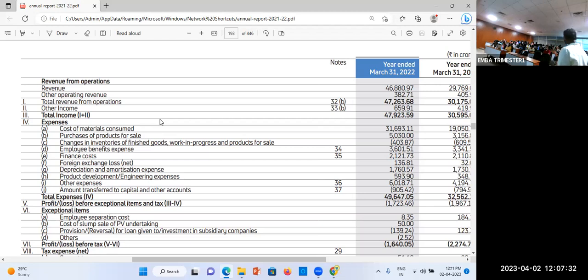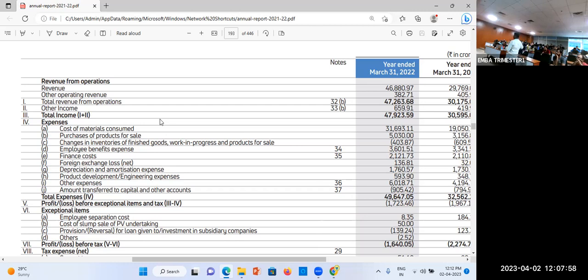All the companies need not have all the 3. Some companies will have all the 3. Some companies will have only revenue from operation, with no other operating income and no other income. If it is there, you take it. Otherwise, no. But the format says like this. Next one, total revenue or total income. Is it clear? From the trial balance, you have to take this.